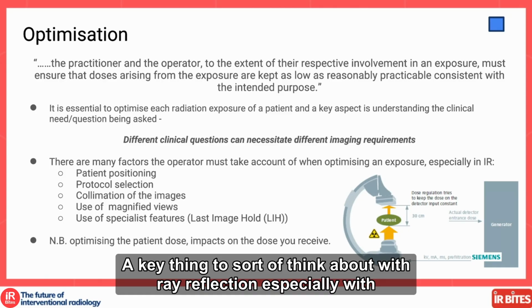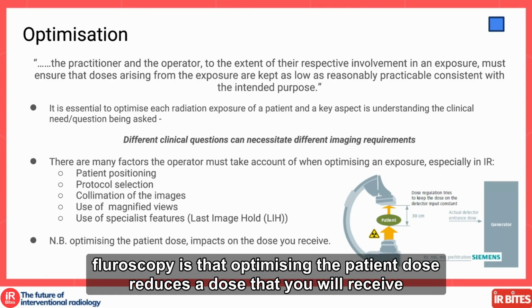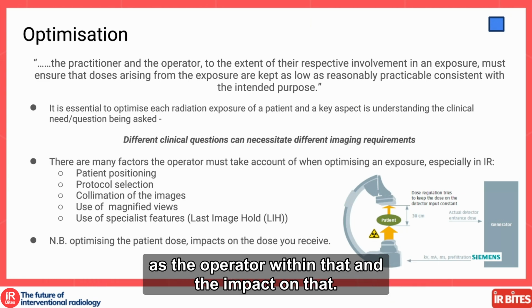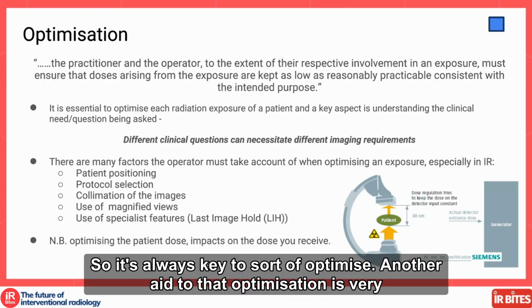A key thing to think about with radiation protection, especially in fluoroscopy, is that optimizing the patient dose reduces the dose that you will receive as the operator, and the impact on that. So it's always key to optimize.